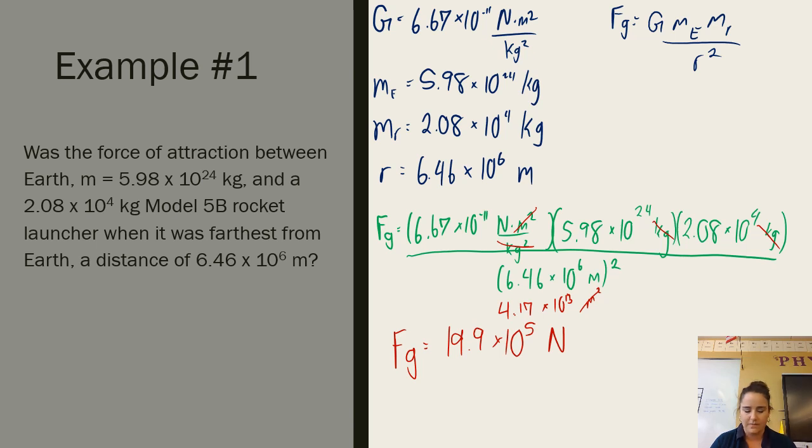I'm wondering if I made sure I have that negative 11 on my universal gravitation constant. Oh, and that time I got an error. Why am I getting... oh, because I forgot to do that. Okay. Double checking this on my calculator again.